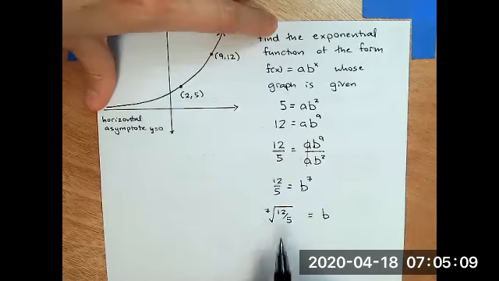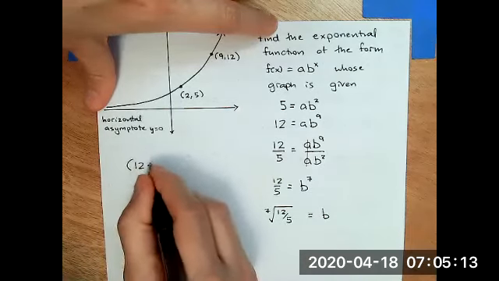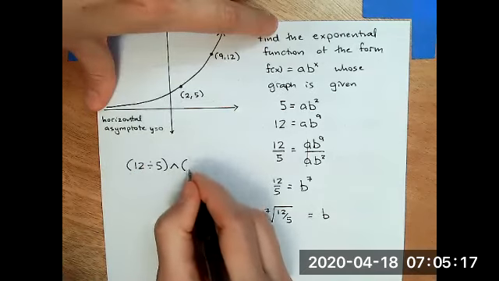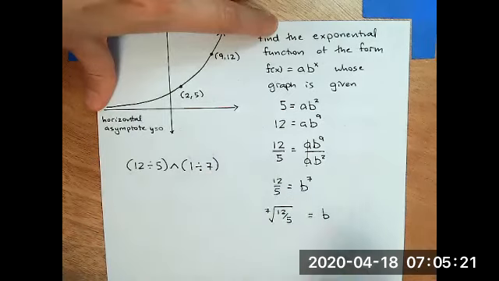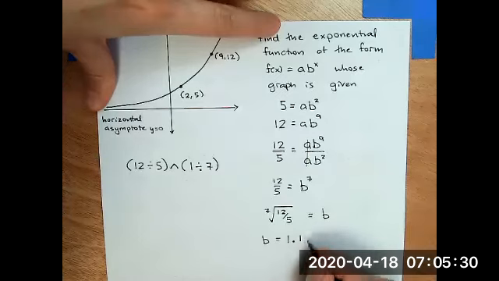And one way you can find this on your calculator is 12 divided by 5, and use your exponent key, 1 divided by 7. And we get that b is equal to 1.1.